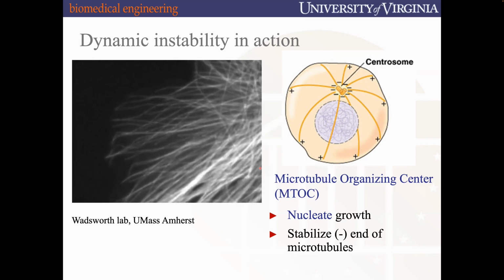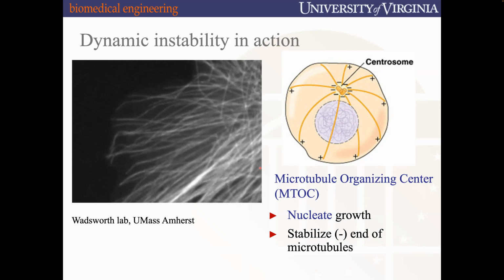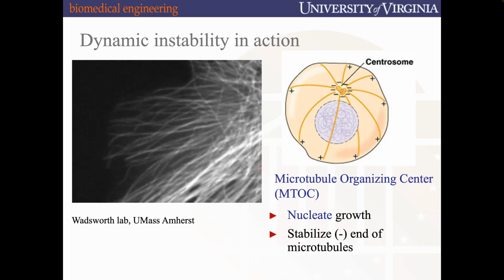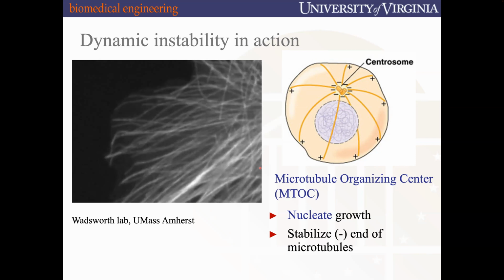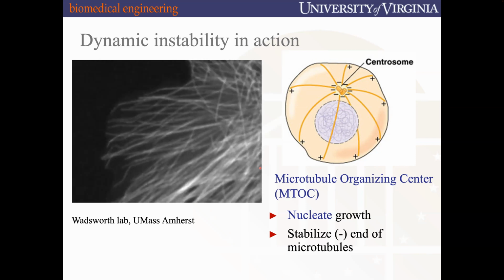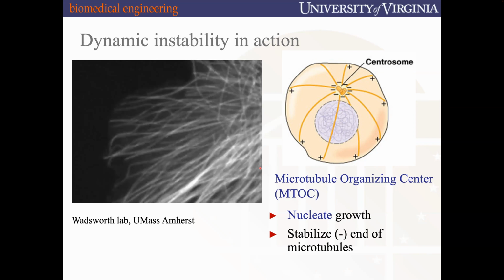In terms of cargo transport, this can be really important because these are often serving as train tracks for moving proteins and other components of the cell around, like I mentioned before.